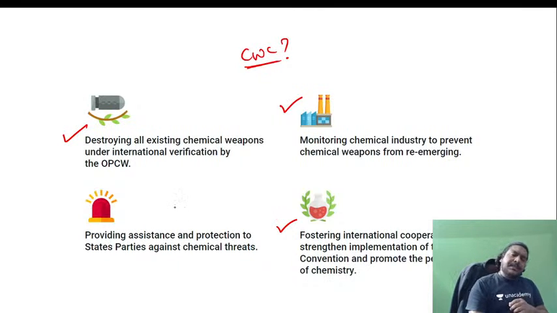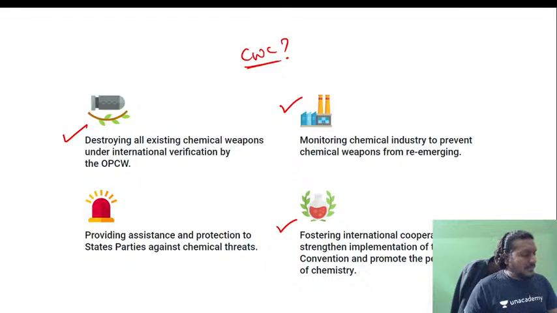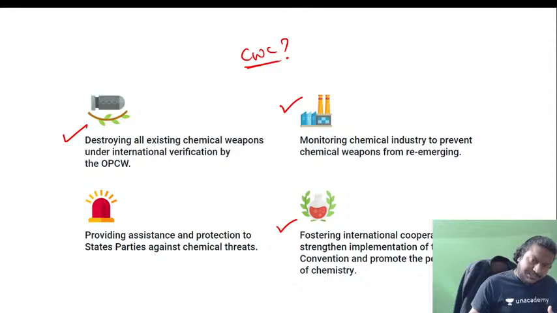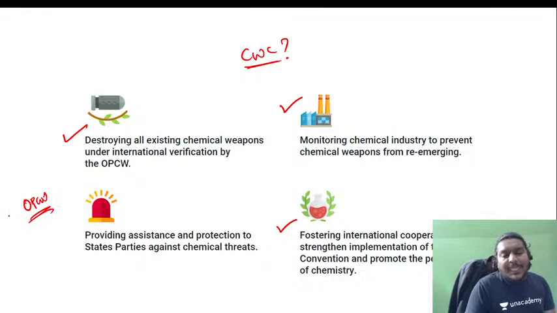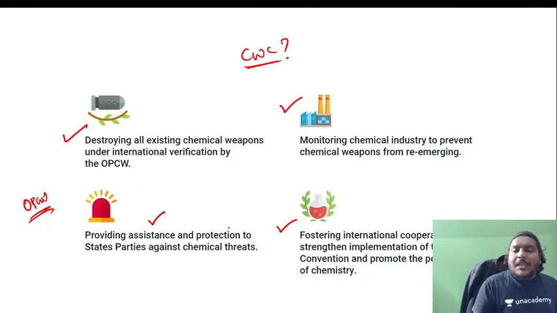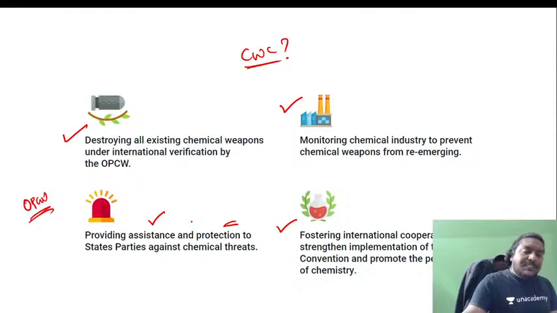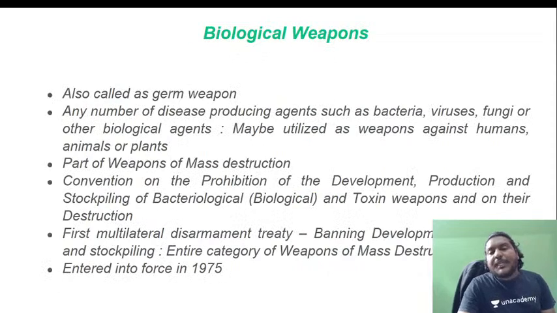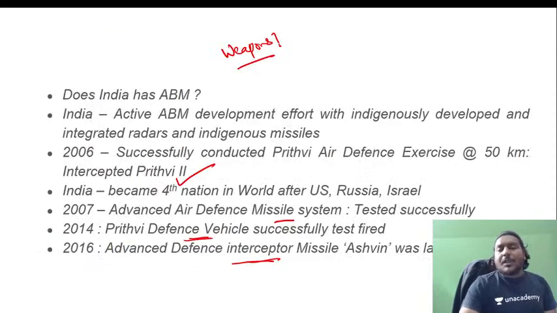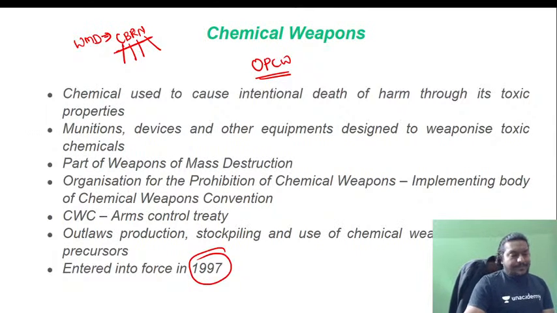But let's say a country has completely removed its chemical weapons, but another country which has chemical weapons attacks us. That's a point of concern. That's the reason the Organization for the Prohibition of Chemical Weapons provides assistance and protection to those states which have ratified the convention against this threat. So this is about the chemical weapons.